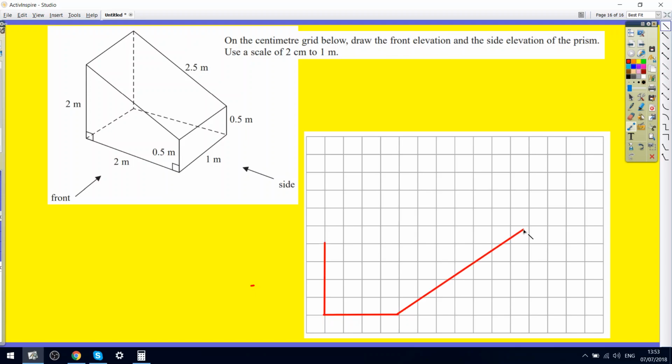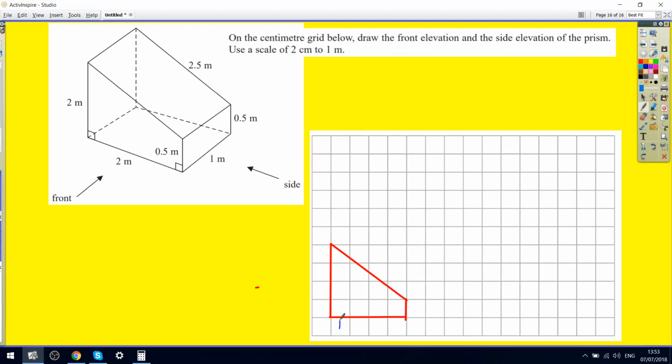And then if you drag the line to join them up. Okay. So that's the front. How about the side? So 1 metre. Yeah, side's pretty easy.